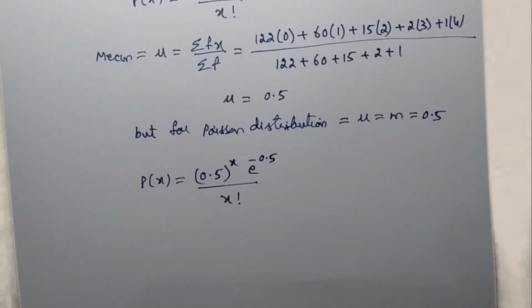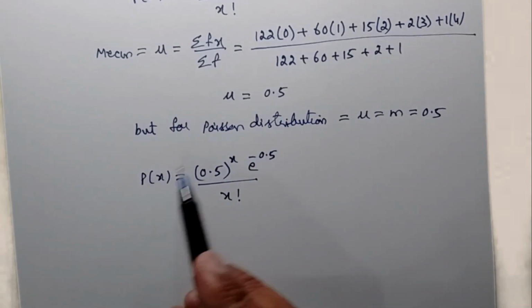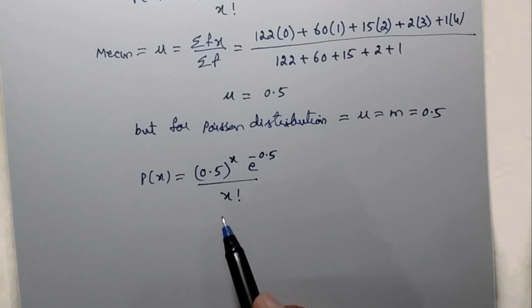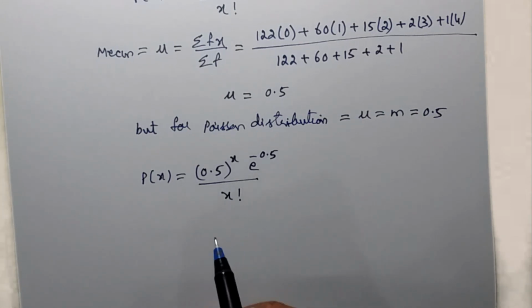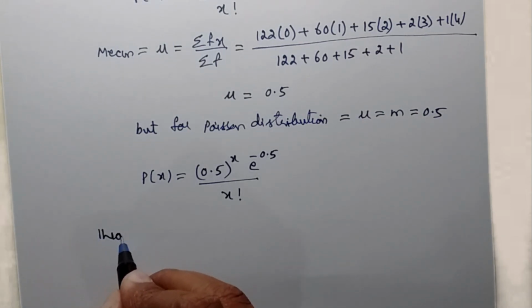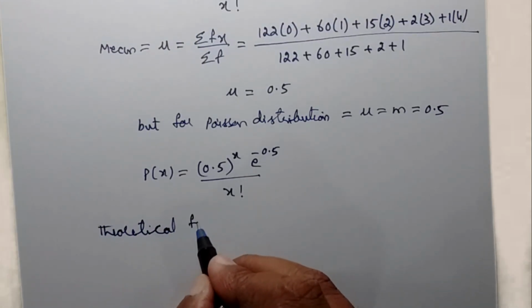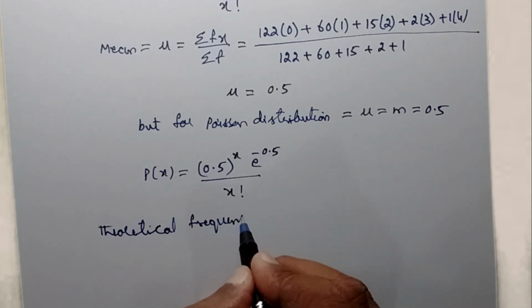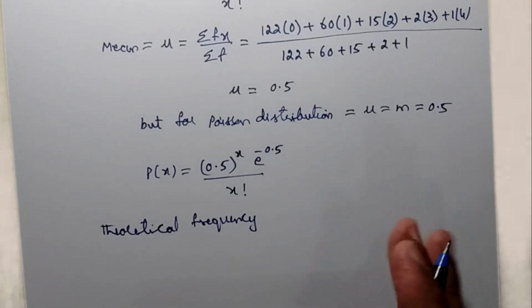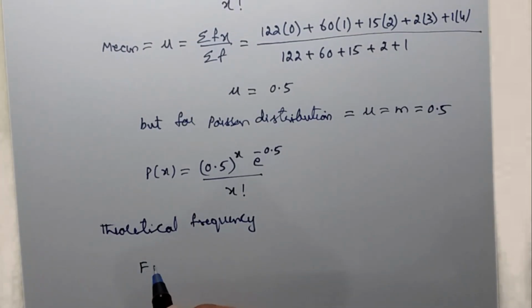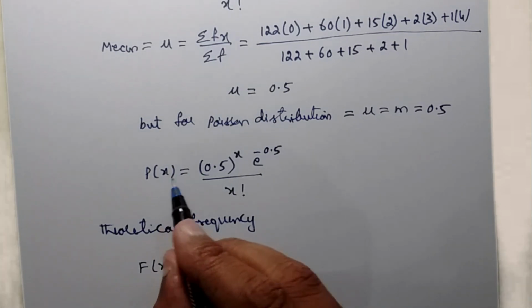So you got the probability function of the Poisson distribution p of x, but we want the theoretical frequencies. So you can write down the theoretical frequency, or the expected frequency. The theoretical frequency f of x will be equal to the total times p of x.